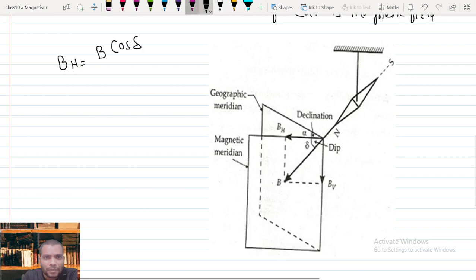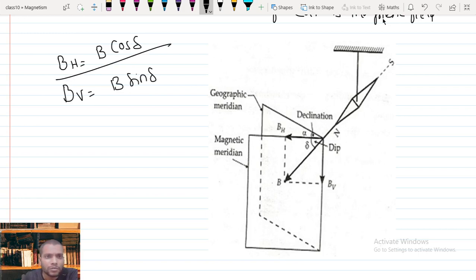Now coming back, the horizontal component B_H equals B cos delta, and the vertical component B_V equals B sin delta. Let's divide these two. B_V upon B_H equals tan delta, as B gets cancelled.